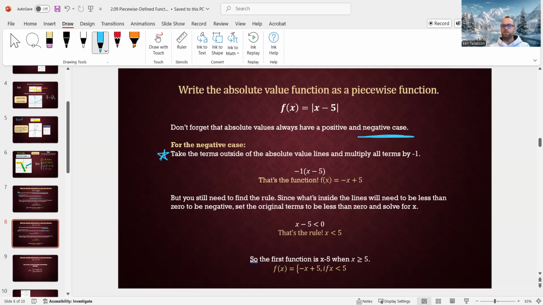That's your function. Of course, we need the rule. How do we find it? Similar to before. Before we said this has to be positive. Well, now we're saying x minus 5 is going to be negative, meaning less than 0. That's where the less than 0 comes from. And that's your rule.